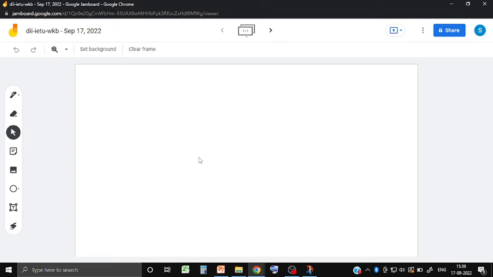Here we are asked to find the log mean temperature difference. The overall heat transfer coefficient is given.